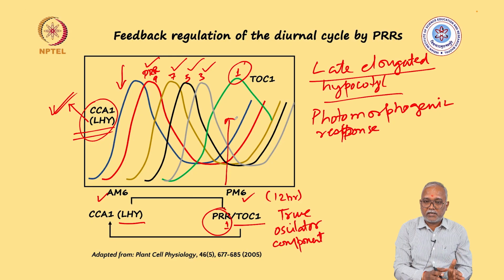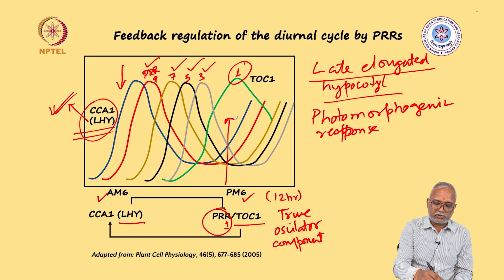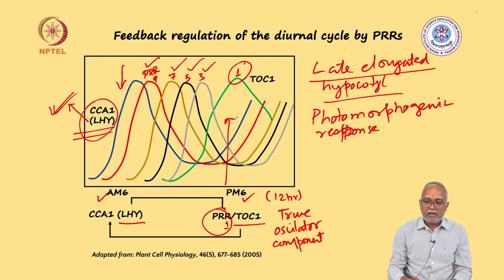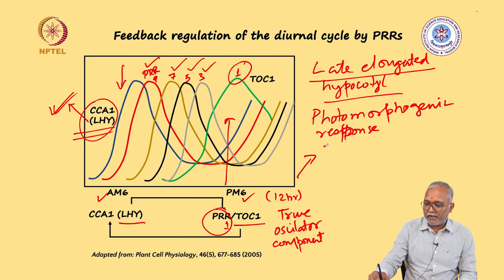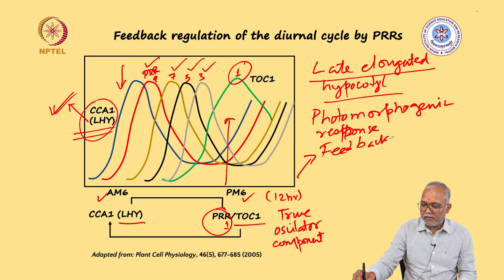Right? So the oscillation of the early morning molecule, late elongated hypocotyl, and this true oscillator component, it's like they are in sync, that when the first molecule comes, the other molecule is not there. So there seems to be again a feedback regulation.